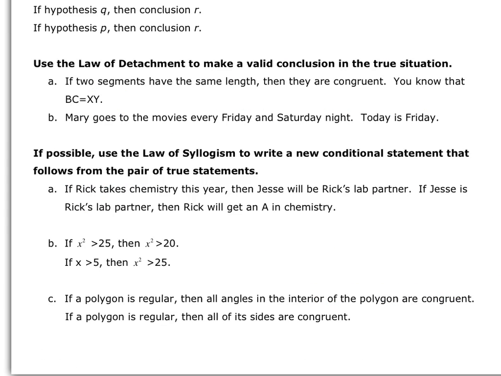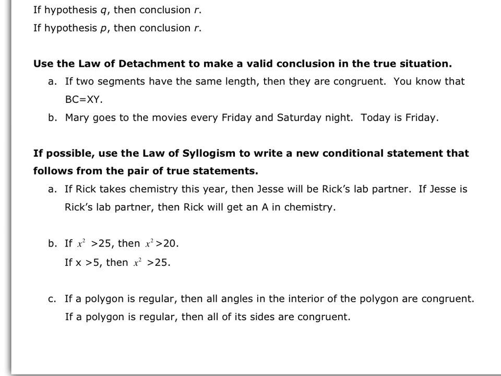All right, so we're going to use the law of detachment to make a valid conclusion in the true situation. If two segments have the same length, then they are congruent. You know that BC is equal to XY. In the law of detachment, if the hypothesis is true, then the conclusion is also true.